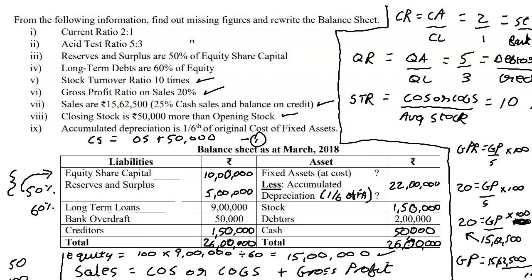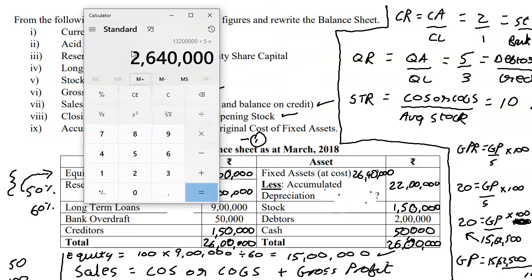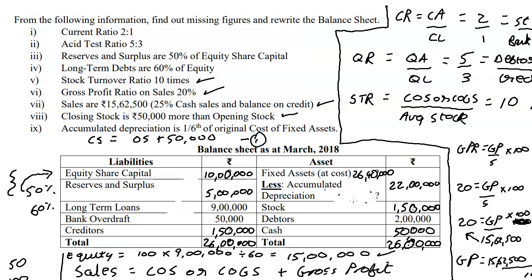And again I'm going to erase all of this, no longer required. This number is 26 lakh 40,000, and this number is going to be 1/6 of this. So into 1 by 6, which gives me 4 lakh 40,000.